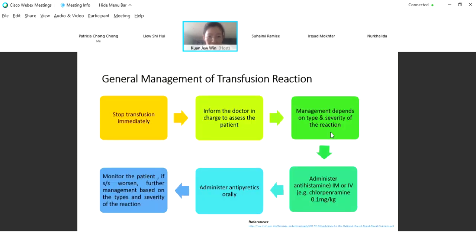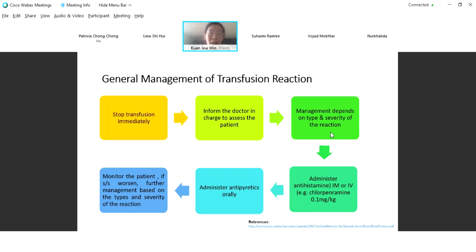Yeah. So the nurses inform you, make sure the nurse has already stopped the transfusion. You go and see the patient and decide what kind of reaction it is.